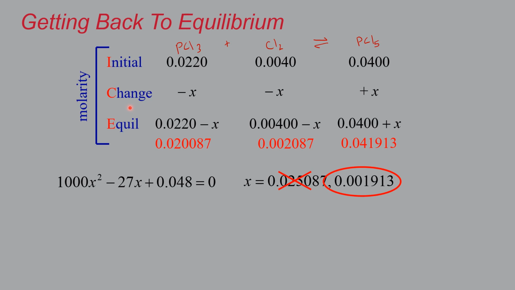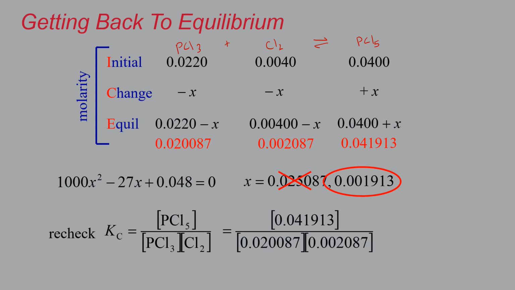And this should be an equilibrated mixture. If you want to check yourself and your quadratic equation math, just plug them back into the equilibrium constant expression. If you do it with these new numbers here, you should get 1,000, or 1,000 within rounding error, which means, hey, we're good.